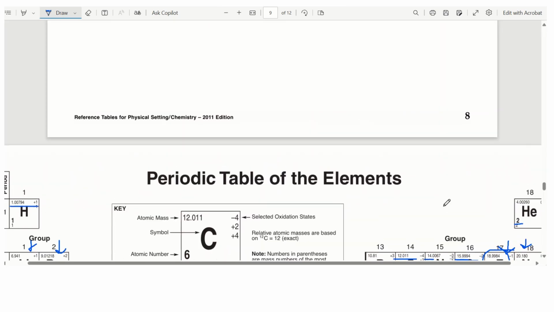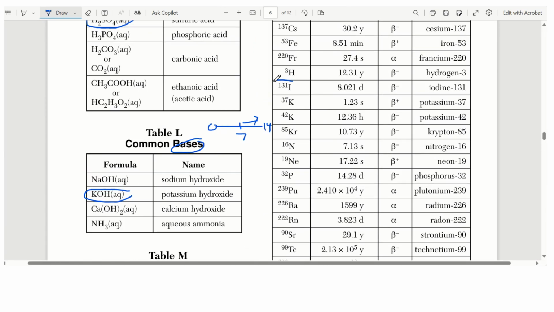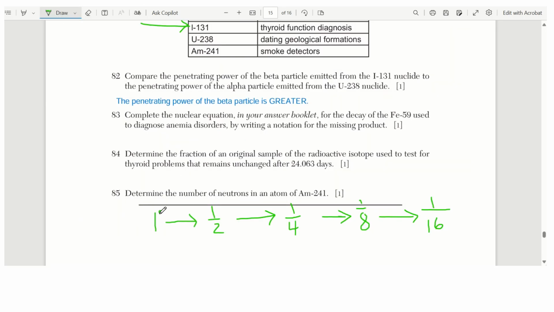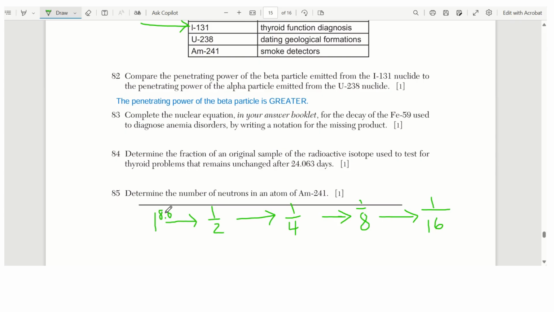But I need some reference table information. So from Table N, iodine-131 has a half-life of 8.021 days. So that means this took 8.021 days, right? But I need it to go for 24 days.